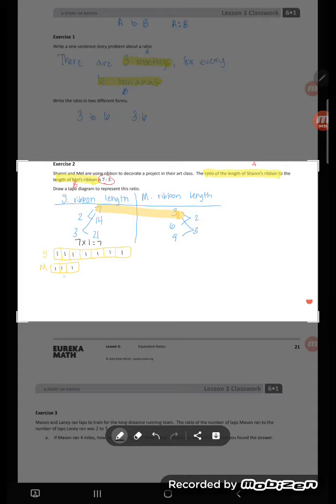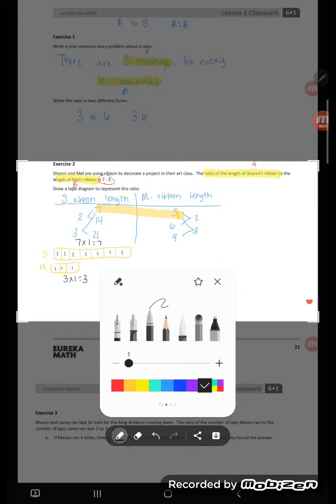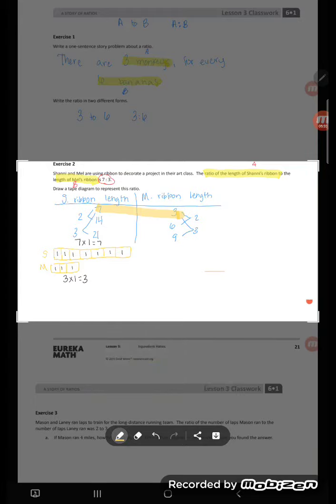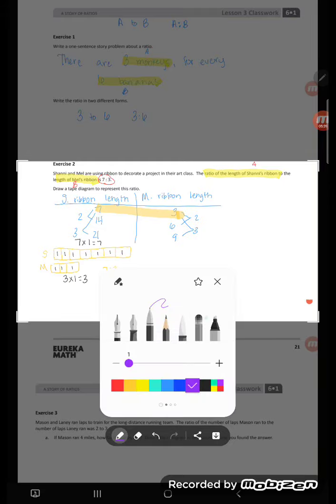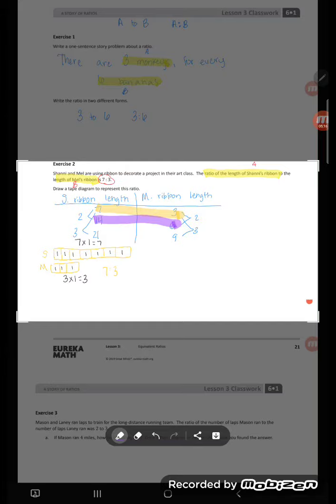Same with Mel, we've got 3 boxes, each 1 length long, gives me my 3. That is showing that our ratio is 7 to 3.